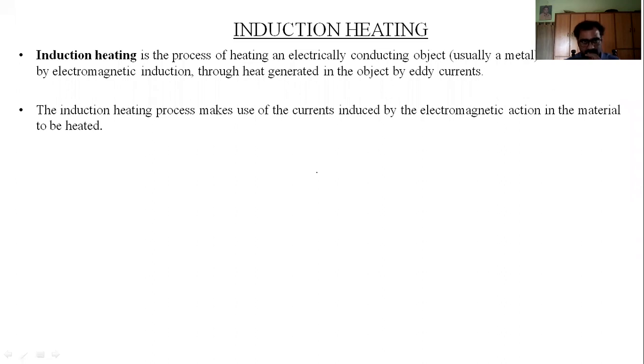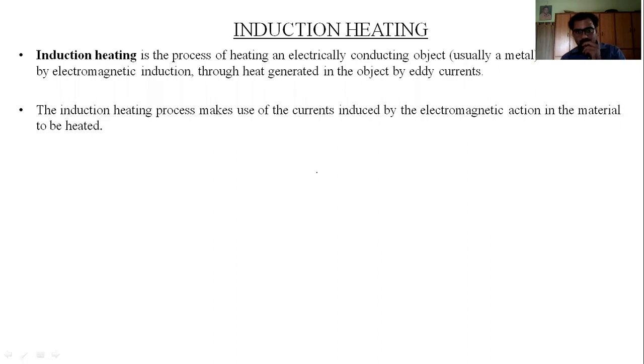Can you calculate it easily? In the previous classes we discussed that power is equal to VI, and according to Ohm's law, V is equal to IR. From that, I is equal to V by R.